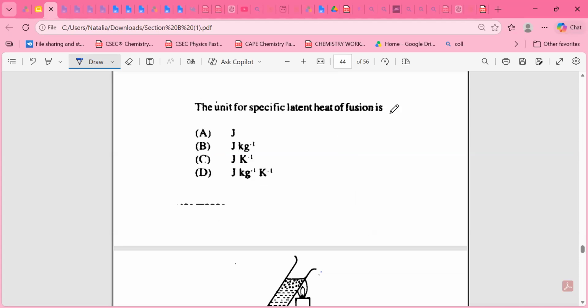Unit for specific latent heat of fusion: L is equal to E over M. E is joules, M is mass. So the answer is B.